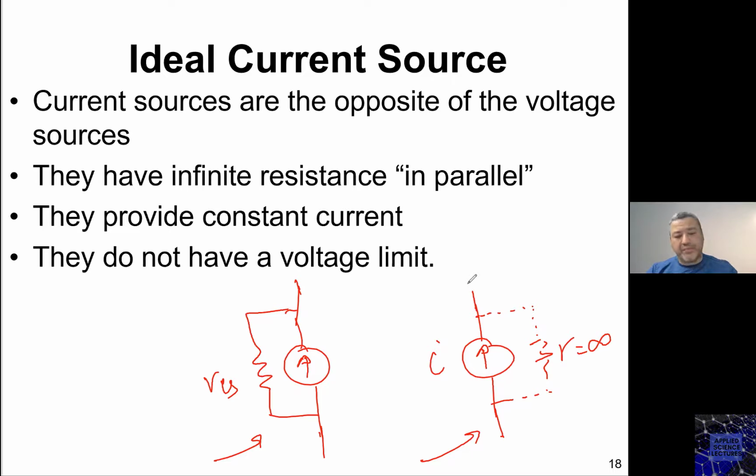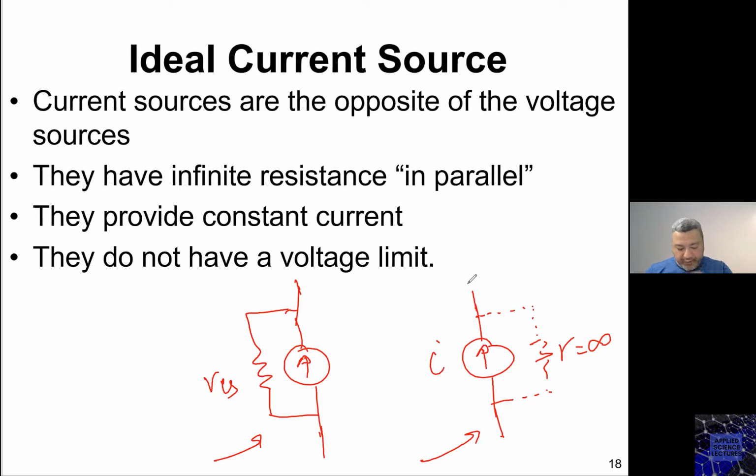So we said that two important features of your sources are how much power the source can provide, and whether there is protection circuitry in the power supply or not. Ideally, we're not going to look at those.